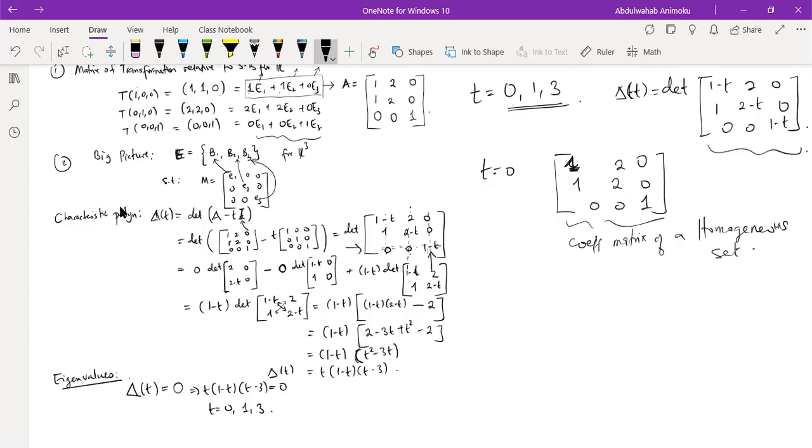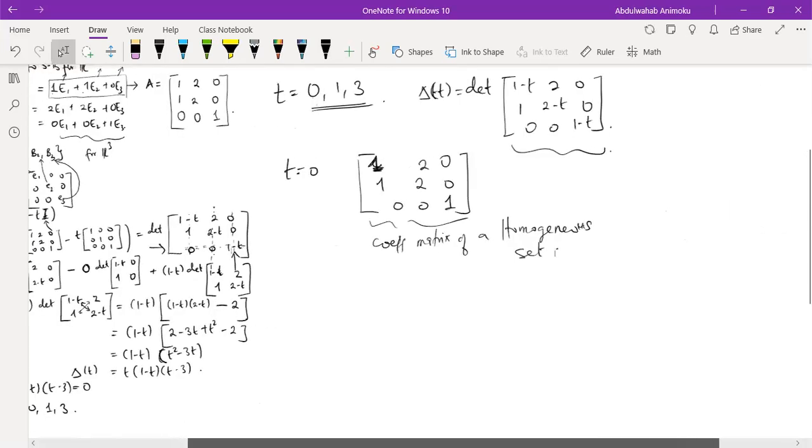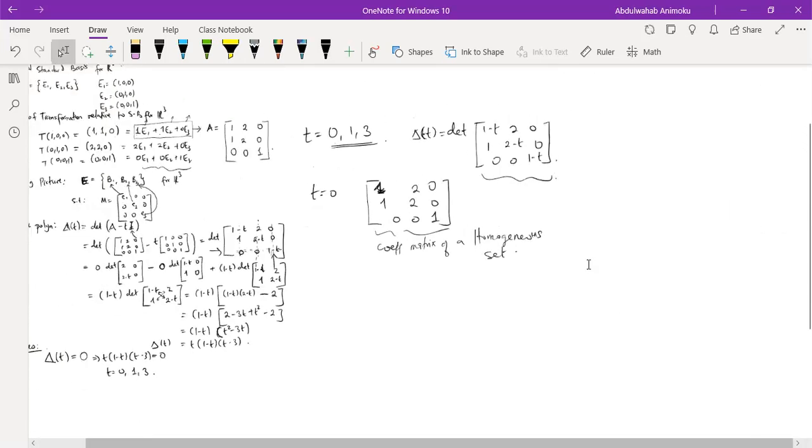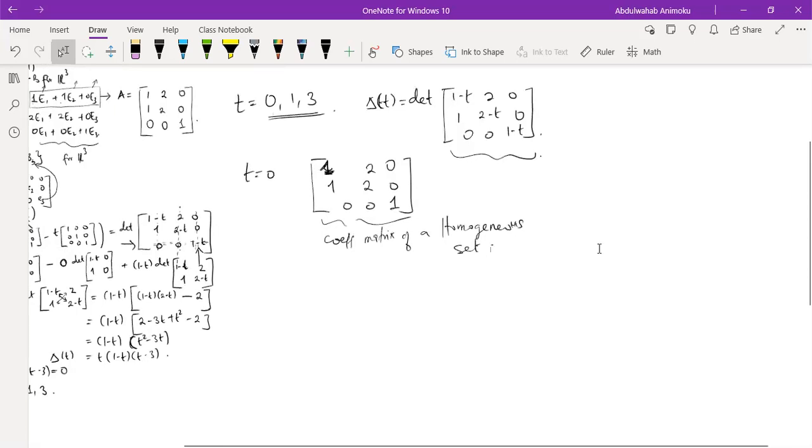Now, what does this mean? It means that we can write this as a homogeneous equation, where the variables are x, y, z.